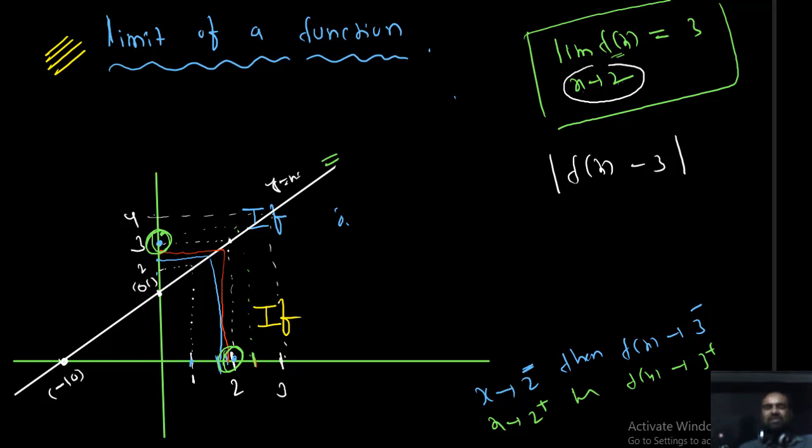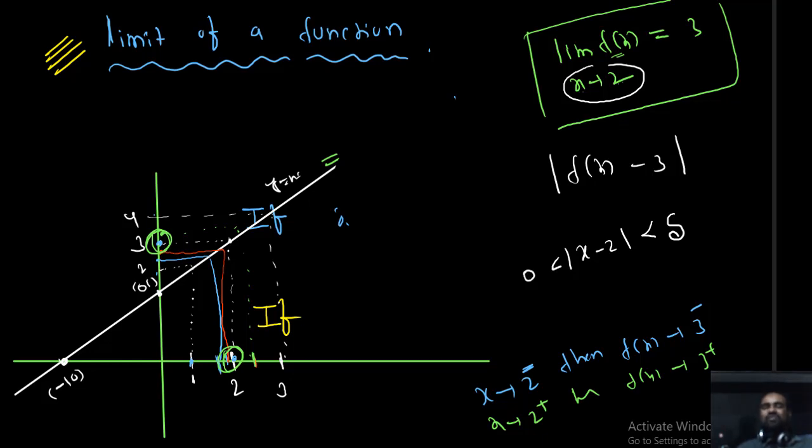Okay students. So I want to make the distance between f of x and 3 lesser and lesser. What should I do? I want to make the difference between x and 2 lesser and lesser, less than a pre-assigned positive quantity, say delta. So automatically what happens?